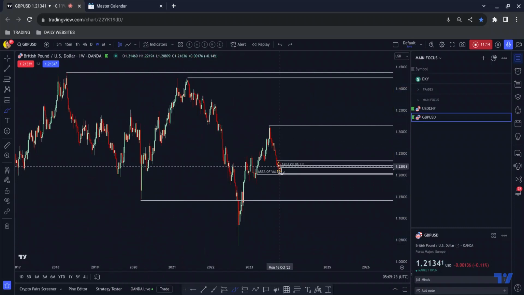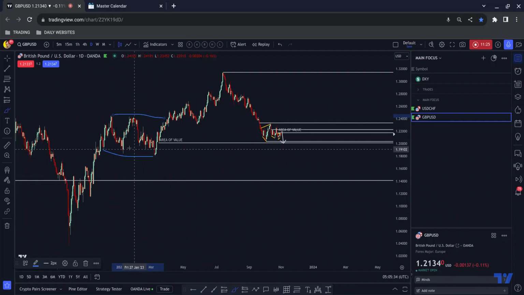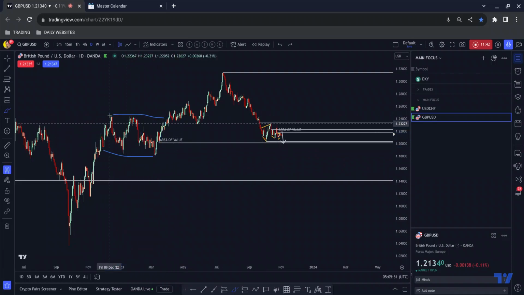And if we measure that, price is in this area at the moment. If I just drill down, you can see that we have a completed piece of structure here. We have this completed piece of structure here. You would see this more clearly on the lower time frames, but we have this kind of middle section here. Price comes back down, we tag the low, and then we push up. So price at this moment in time has no business moving all the way back down to these lows, because this is a completed piece of structure.